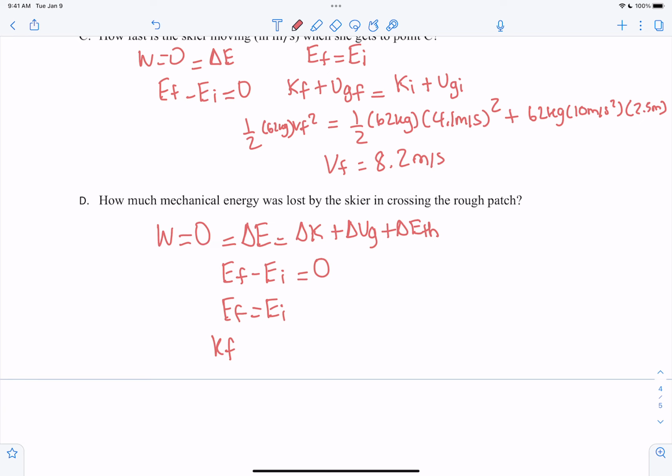Actually, hold up. Instead of doing that, how about I do this? Instead of doing EF minus EI, I'll keep the delta E this time, and I'll say that's equal to 0, right? So delta K should equal negative change in thermal energy, right?